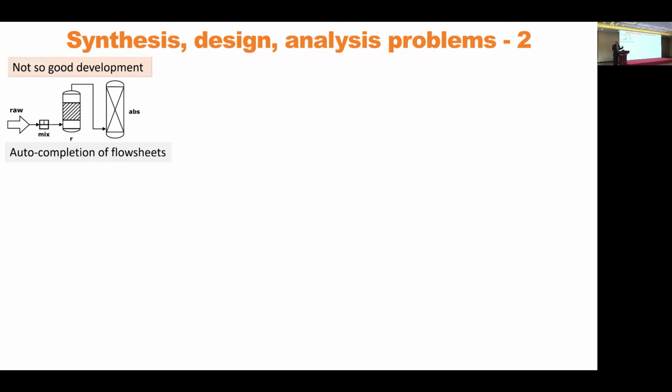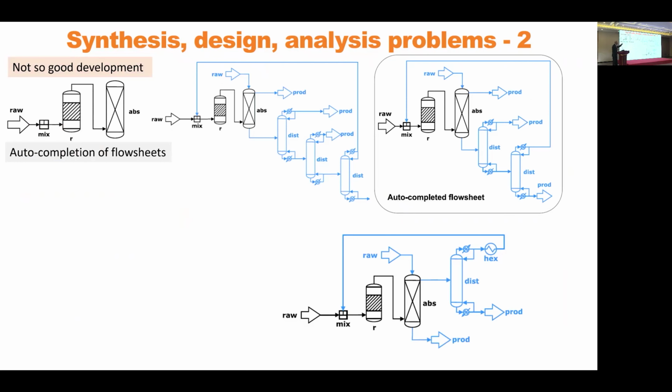And the same thing I will say about the process. So here is a part of a process. People have done generative AI and said they can complete the process, auto-completion. These are 3 candidates that they have published.